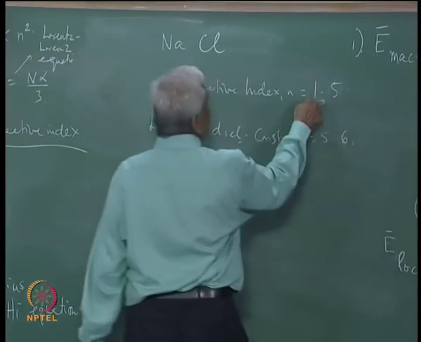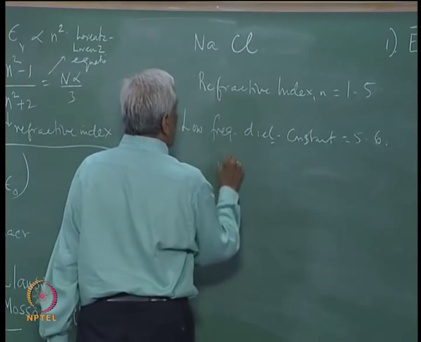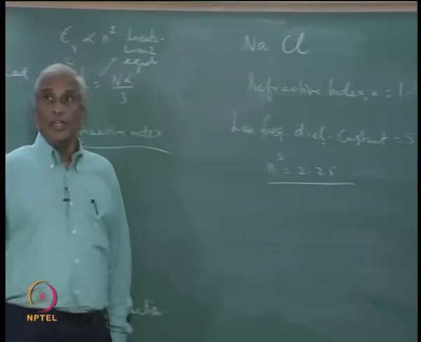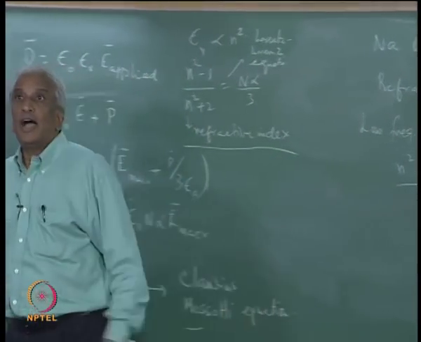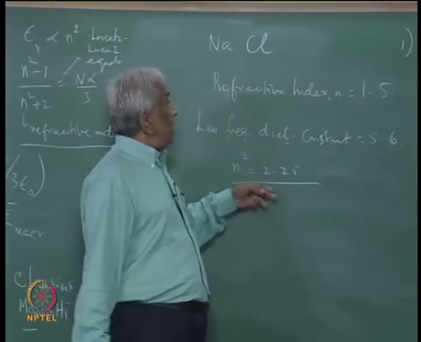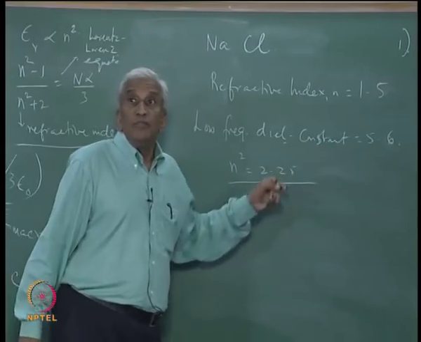If you square the refractive index, n square is only 2.25. So, in going from a low frequency to a higher frequency, the value of the dielectric constant has come down.